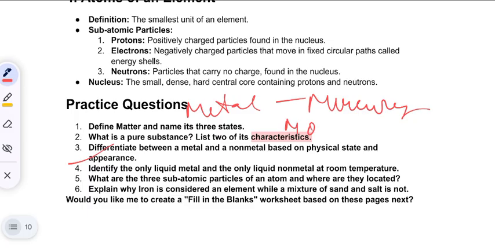For the non-metal, it will be bromine. These are the examples.